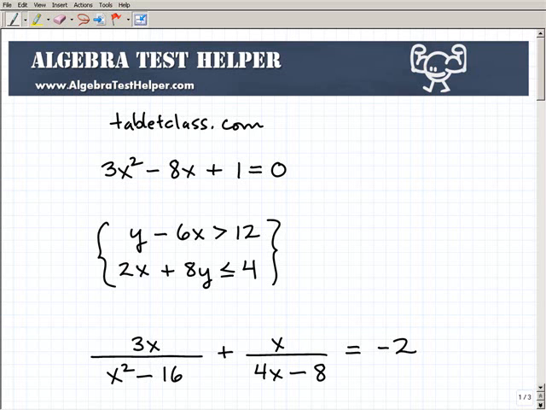But what I want to share with you right now is some of the things to consider when you're looking at homeschooling Algebra 1. So here are some basic examples of the type of problems that your child will be learning. The first one here is a basic quadratic equation, here we have systems of inequalities, and down here we have a rational equation.